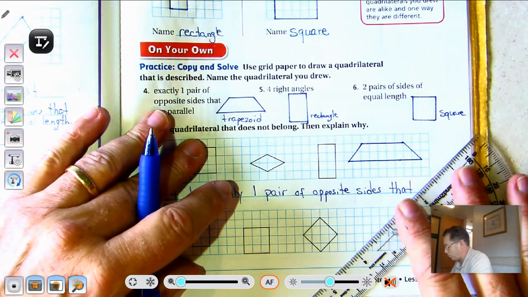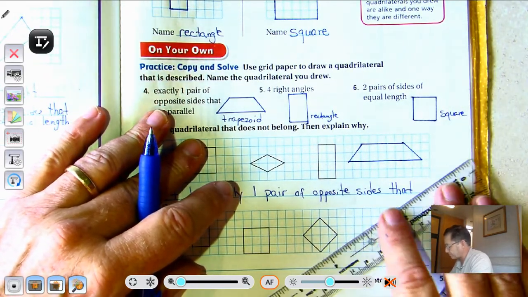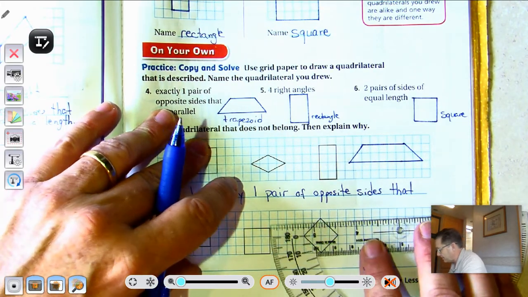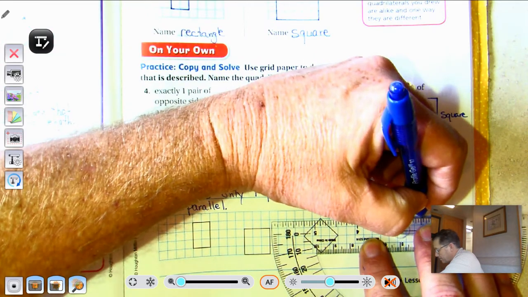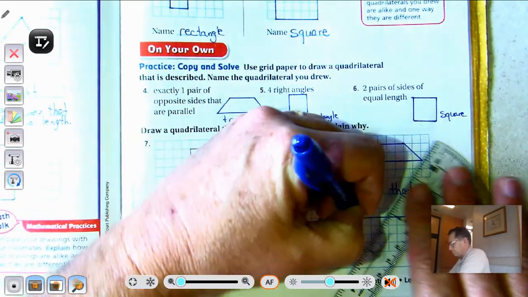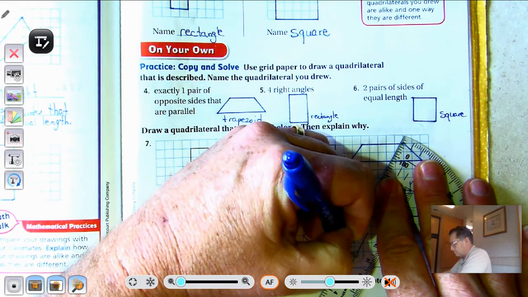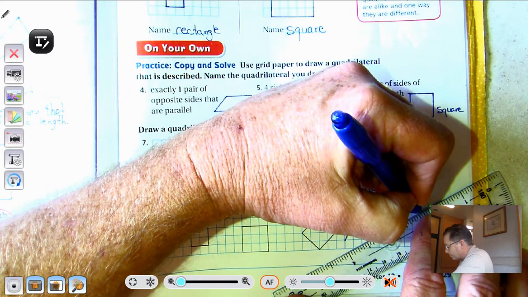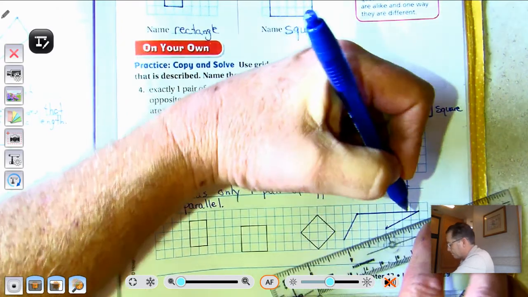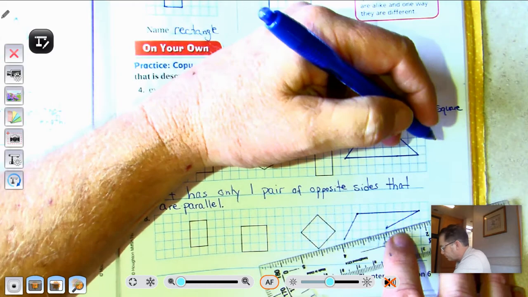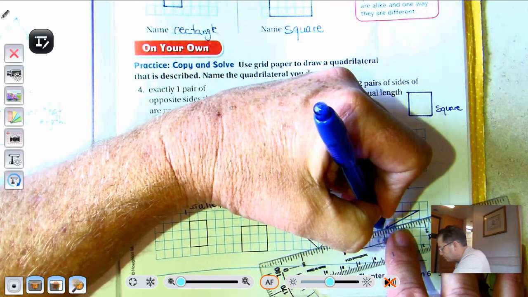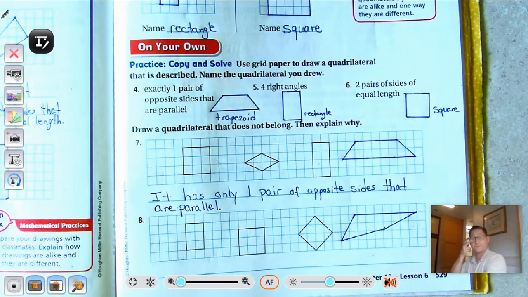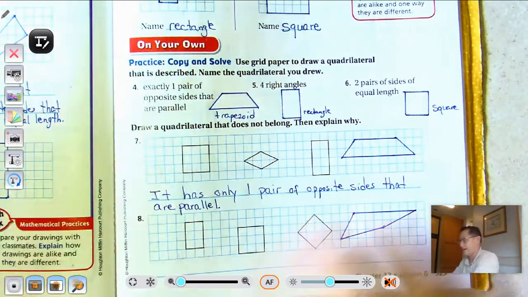Something that doesn't have four right angles. All right, so that's a four-sided figure, but it doesn't have four right angles.